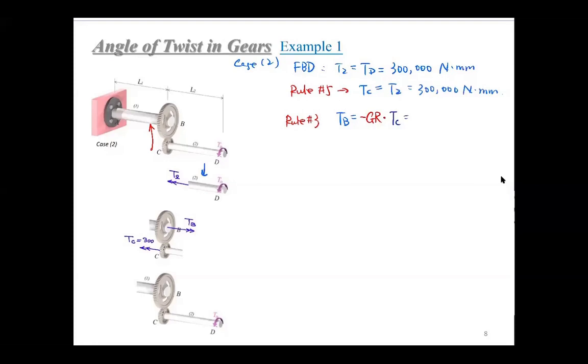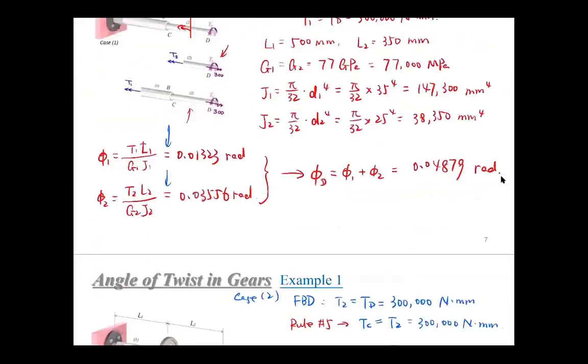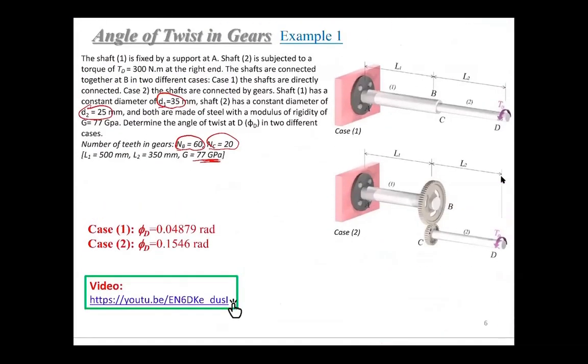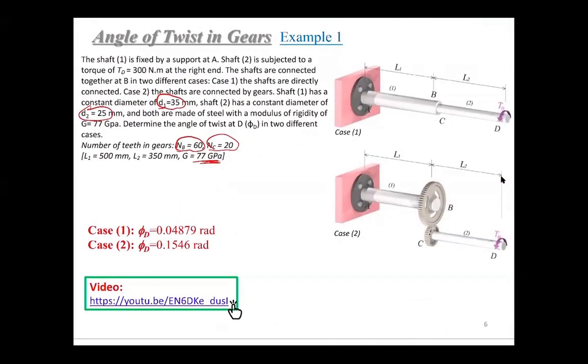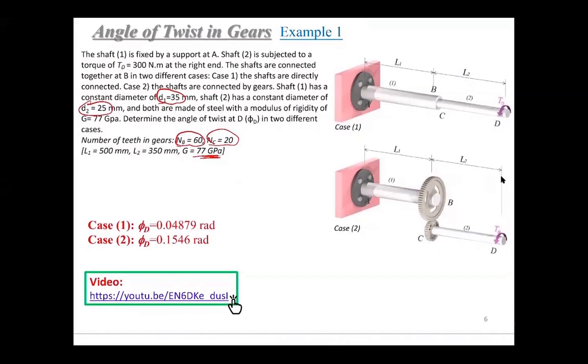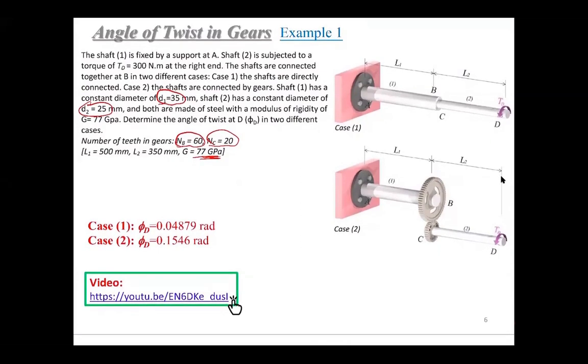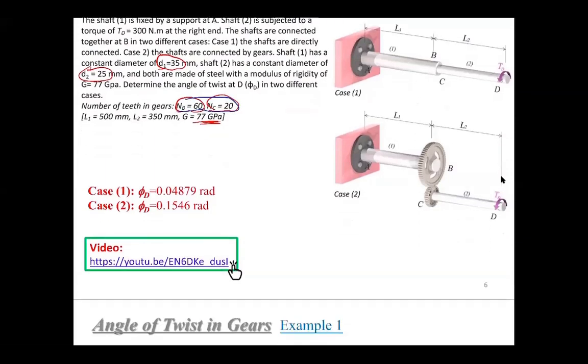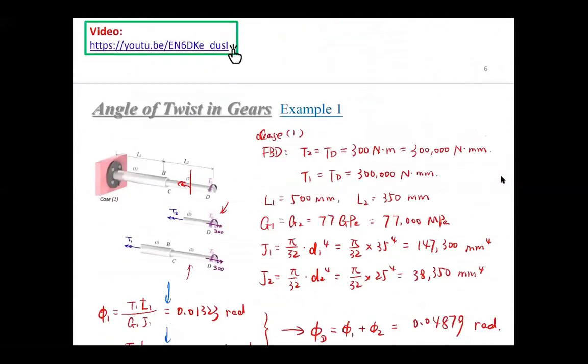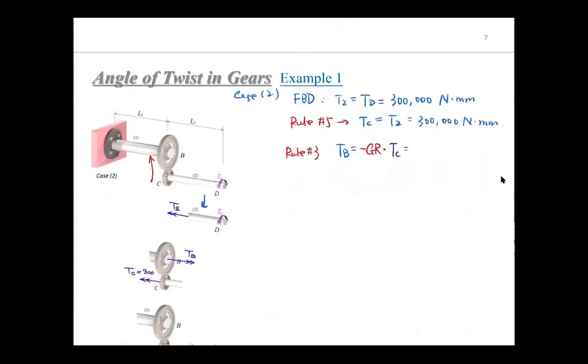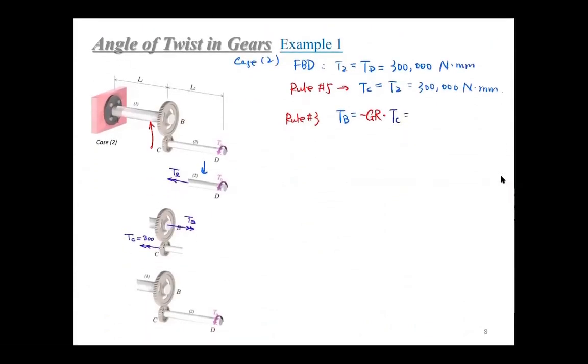Larger, it's larger than 1. So how to calculate this gear ratio? We have known that NB is 60, NC is 20. So what is the gear ratio? 3. Okay, great. That is the correct answer.